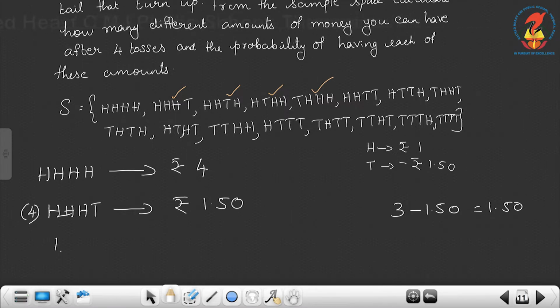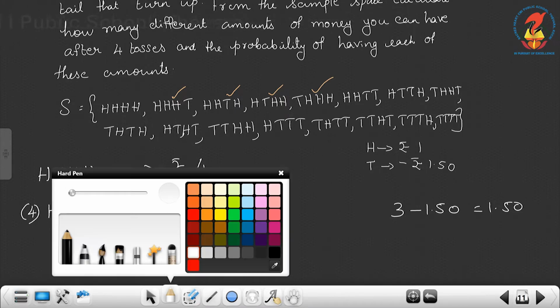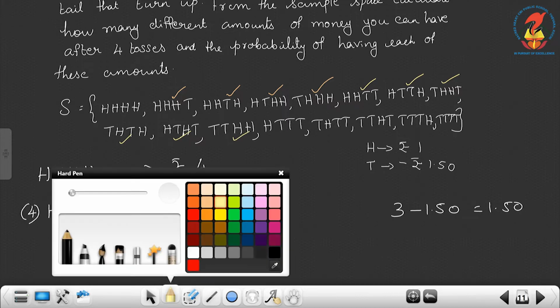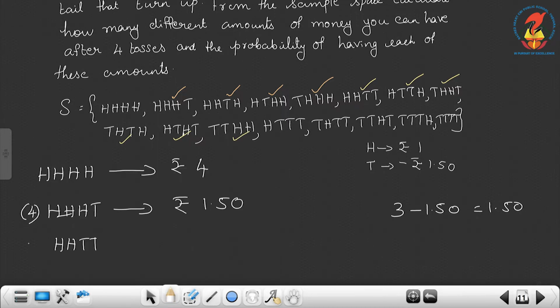Now the next is double H and double T. How many outcomes are there? Double H, double T. There are 6 outcomes. Then how much money for that? Double H means 2 rupees. Okay, 2 rupees.